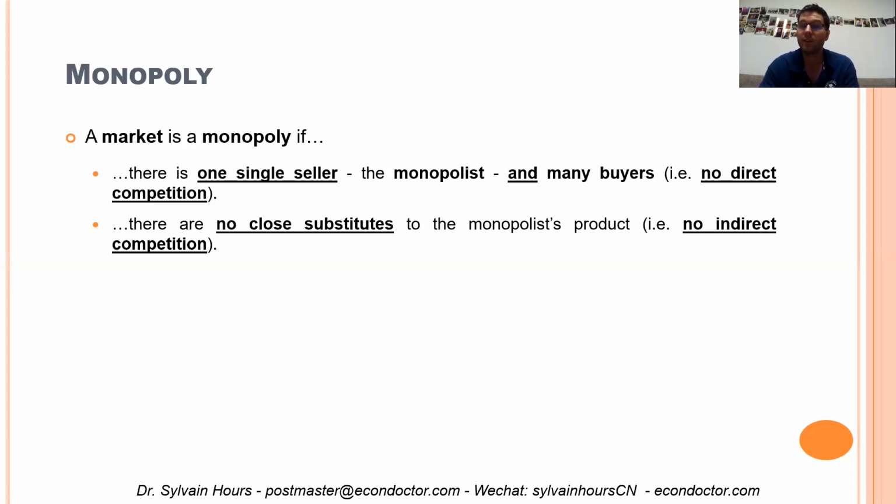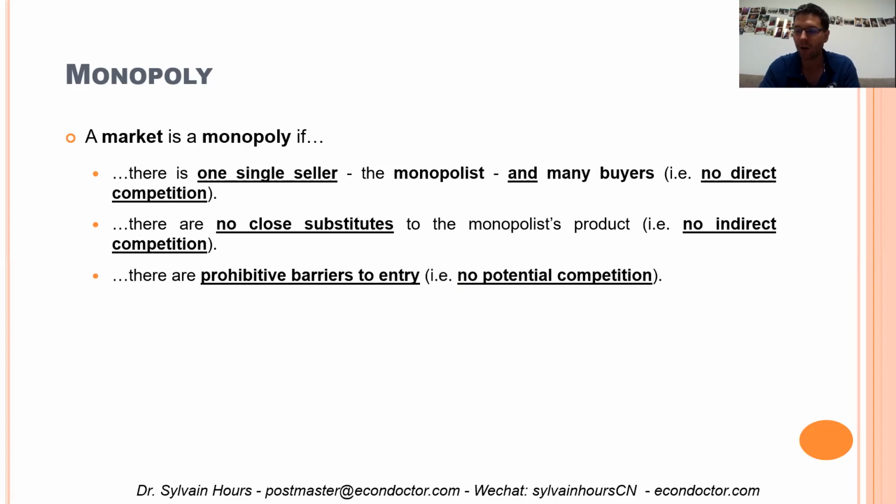Okay, so there is no indirect competition in the sense that the monopolist does not suffer from competition from businesses that produce close substitutes. And the last characteristic of a monopoly market is that there are prohibitive barriers to entry. Prohibitive means that they are so high that nobody can enter.